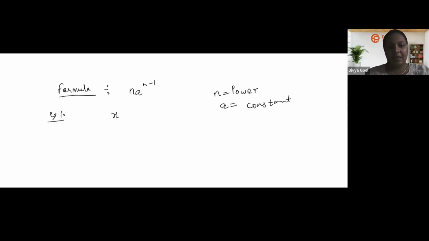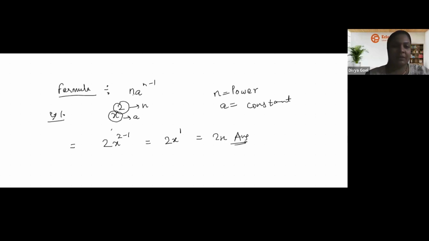So this x is a and this part is n, right? So n a^(n-1). So we have to write the n first, that is 2, then a, that is x, and then less 1 from the power, 2 minus 1. So 2 minus 1 is 1. So the answer is 2x. Simple.